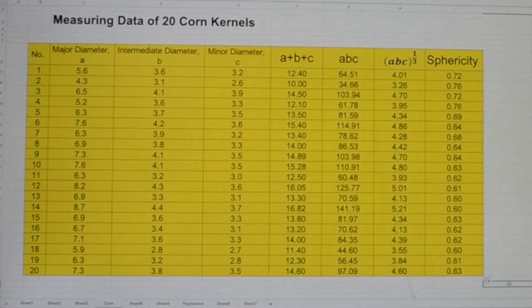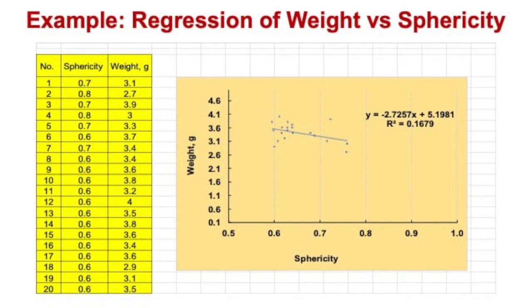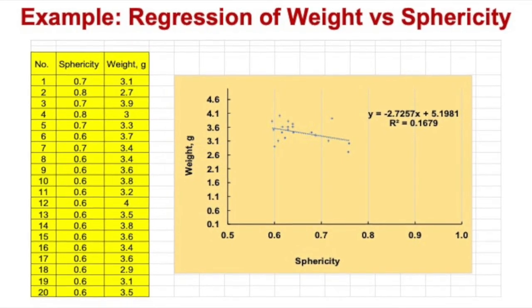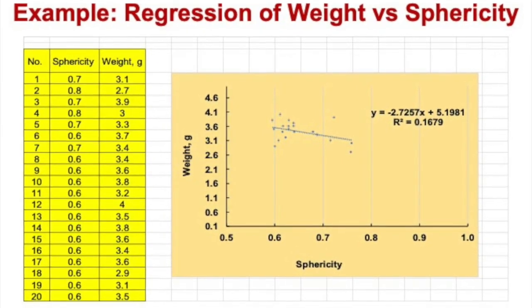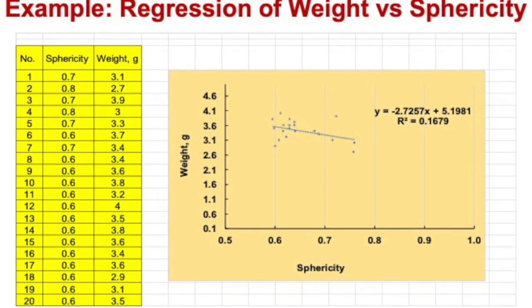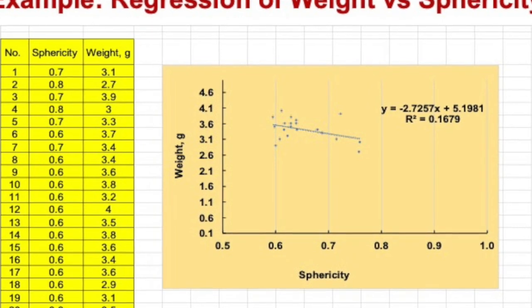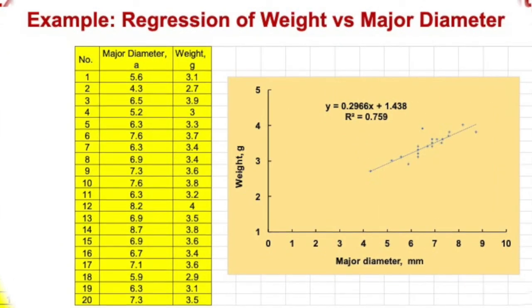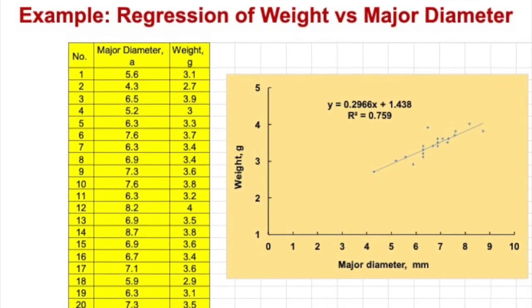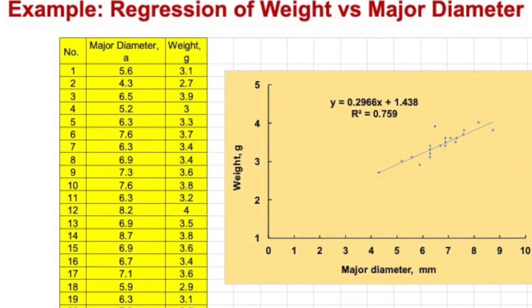After that, perform a regression analysis on corn kernel weight as a function of the sphericity to get a prediction equation with the regression coefficient R squared. Perform a regression analysis on weight versus major diameter.